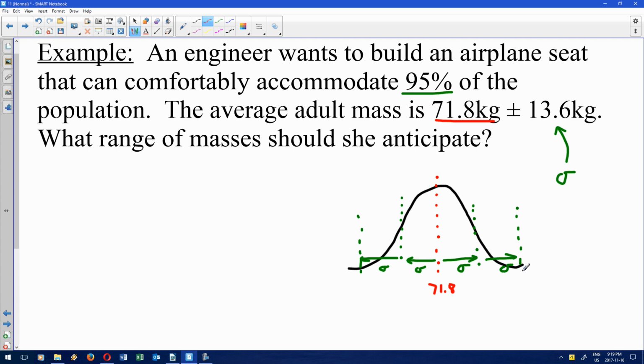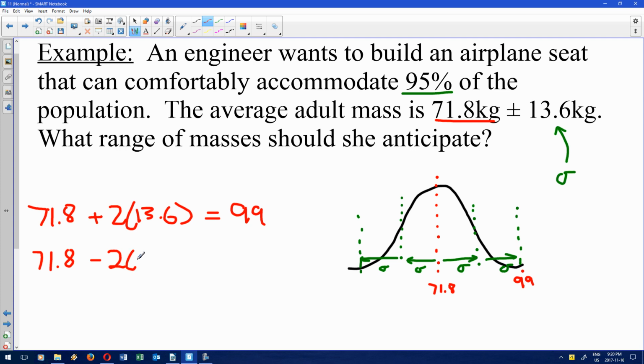So for instance, to go to this point here, I'm just going to start with my 71.8 and add 13.6 twice, which I believe takes me up to 99 kilograms. And going the other direction, I'm going down twice, so I would have 71.8 minus 13.6 twice.